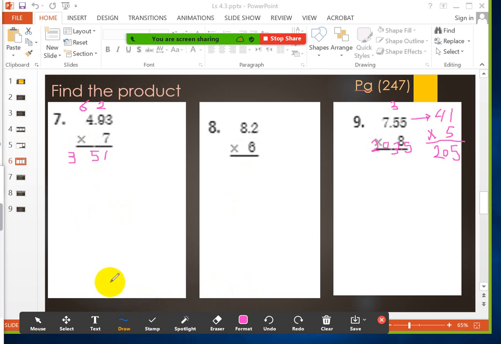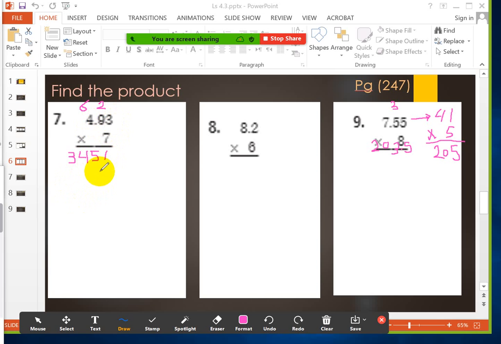Where do I have to put the decimal point, Reem? It will be 345.1? Again. Look, I have 2 digits after the decimal point. So it will be 3.451?